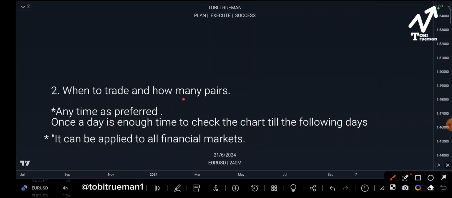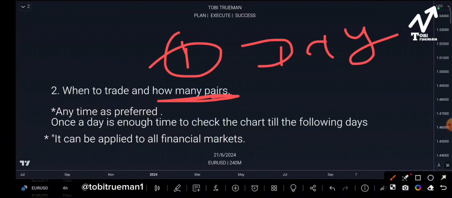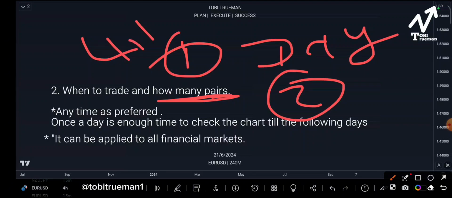Next point here is, how many pairs are we going to trade? To be truthful, if you are day trading, one pair is okay, but when you come to swing trading, you have to check a lot of pairs, because you are using a higher time frame like the 4-hour or the daily time frame. Price will be very slow to give you your type of entry.